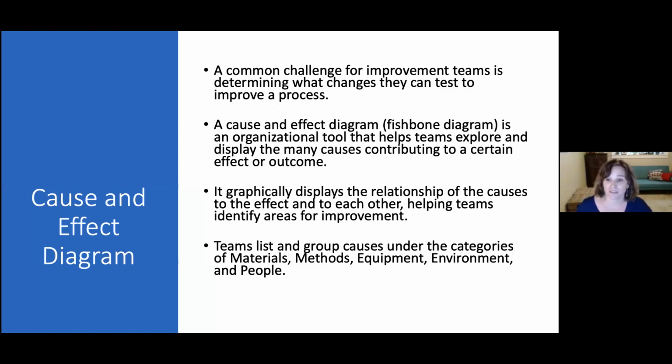It helps a team figure out what the causes are that are contributing to this outcome or effect that we don't want, that we're trying to get rid of. It's a graphic display of the relationships between them. And the diagram has you list out causes under categories of the materials, the methods, equipment, environment, and people.